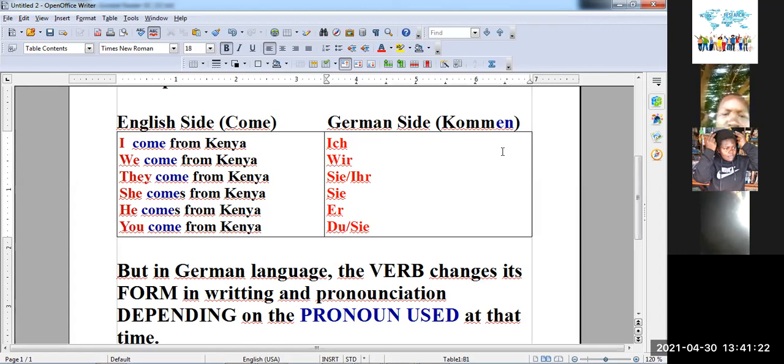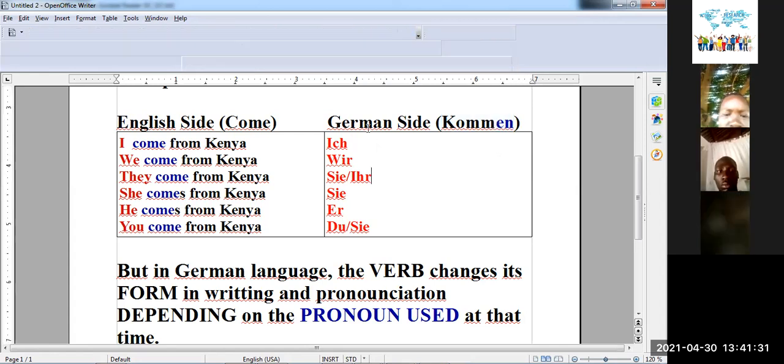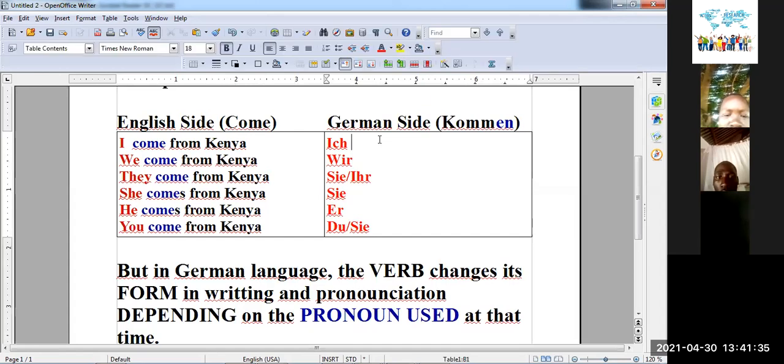How are we going to conjugate, or change, this verb kommen in respect to its pronoun? So, I come is going to be ich komme.